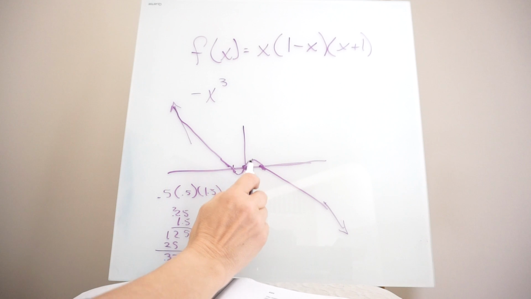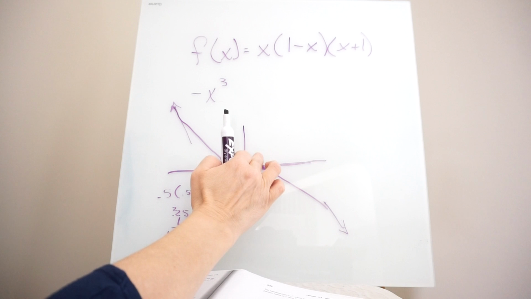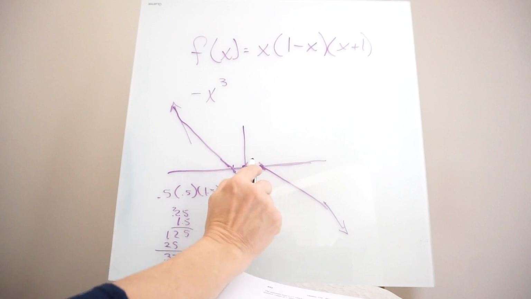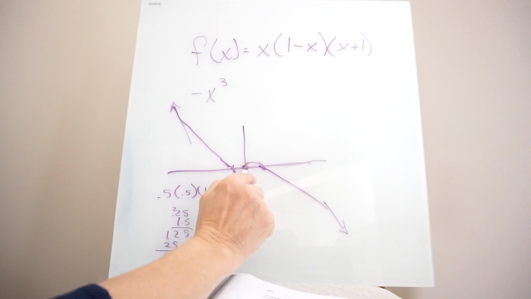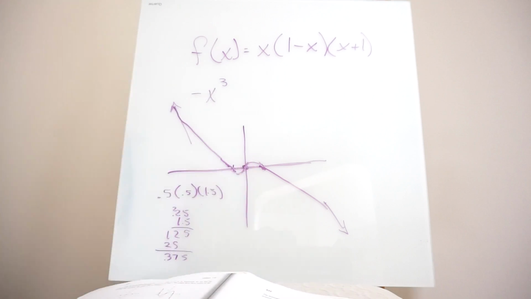We see at 0.5 that this is going to be equal to 0.375. So it's not going to go up very high. I guess I didn't have it up very high before anyway. So that would be the graph, or a sketch of that polynomial function.